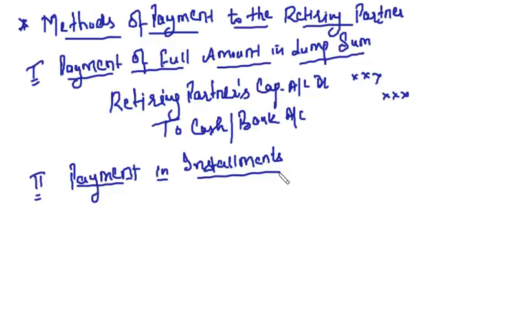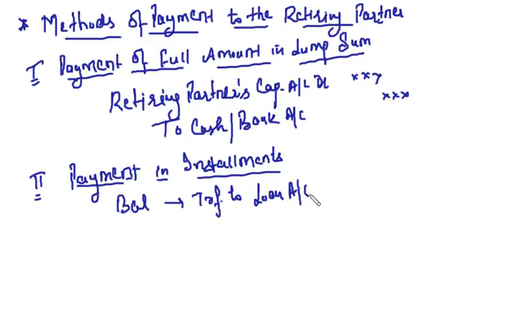Clear? So they say we will transfer your amount to your loan account. We will consider your payment as loan and we will repay that loan in installments. So whatever the balance you are getting in the partner's capital accounts, they will transfer to loan account.